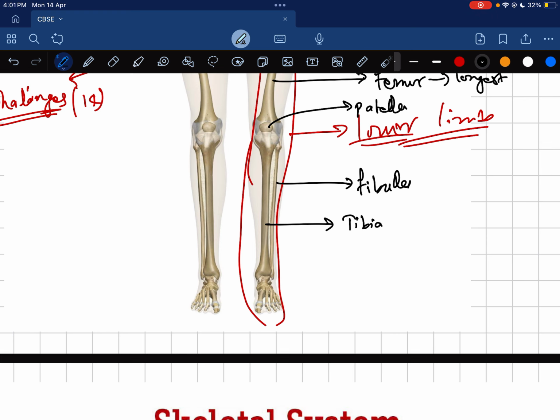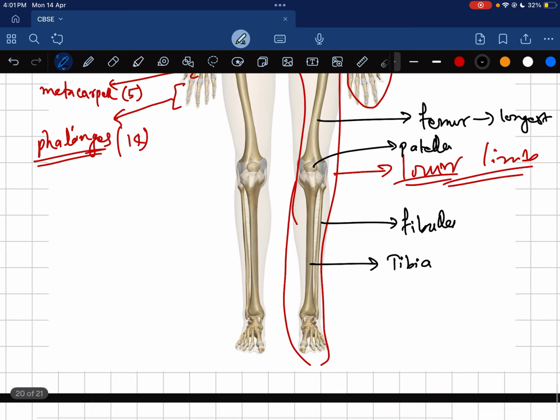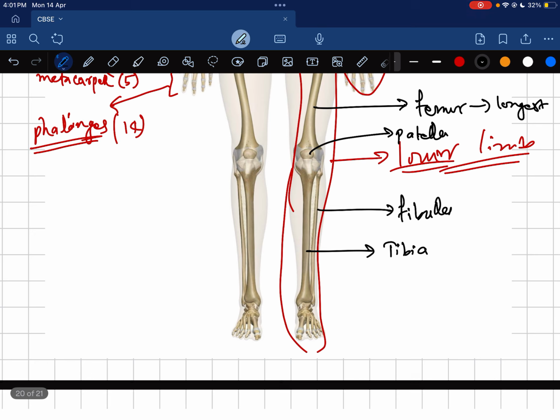One thing I can mention is that the tibia and femur have a joint directly, and by the side the fibula is joined with the tibia.